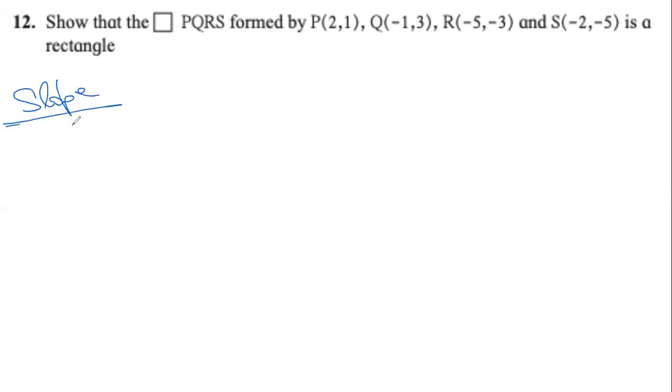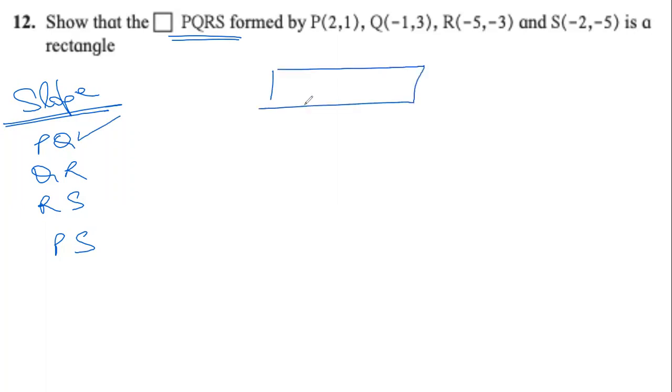So we will calculate the slope of PQ, QR, RS and PS, and we will see that 2 slopes will be equal, 2 other slopes will also be equal. That means opposite sides of this. Which will be equal? The slope of PQ, how is it? If you imagine a rough parallelogram, P, Q, R, S, it is the order that is given.